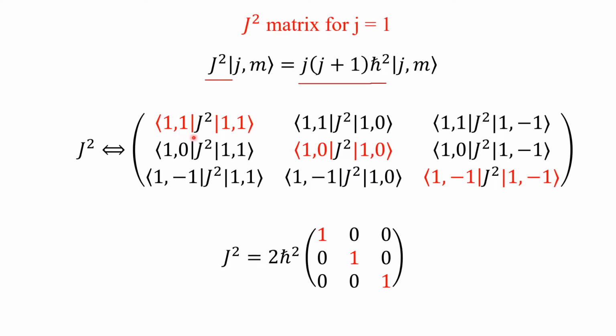So it will be nonzero only when the bra vector and ket vector are the same, that is, only for the diagonal elements. Here you can see the bra vector is 1 1 and the ket vector is also 1 1, then 1 0 and 1 0, and 1 minus 1 and 1 minus 1. In all other positions, the bra and ket vectors are different.